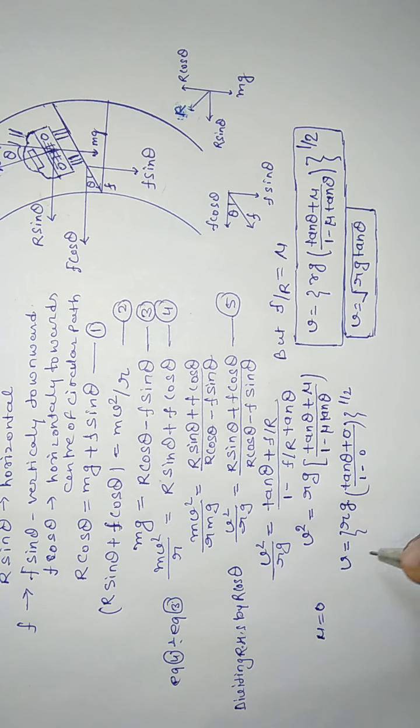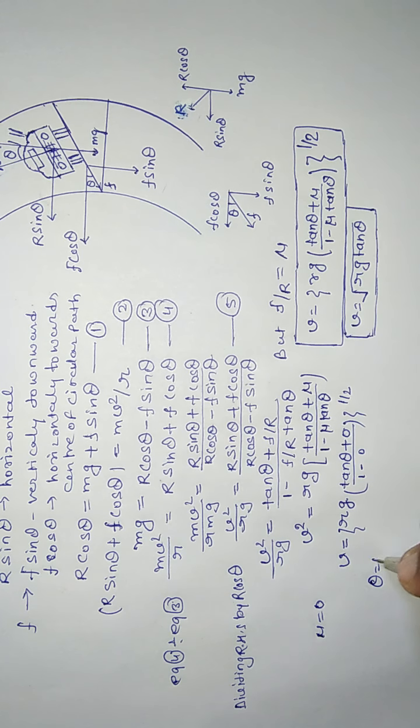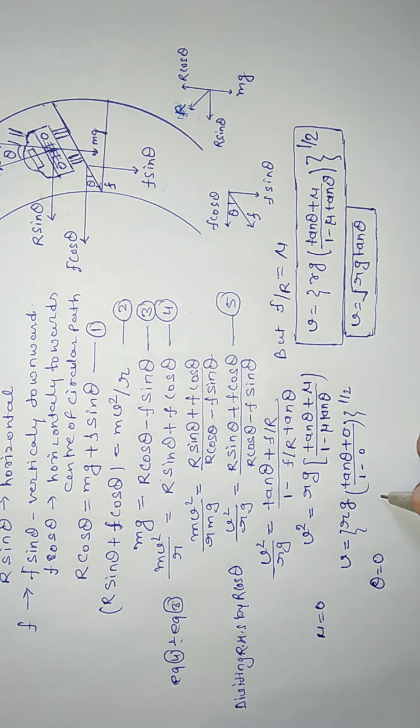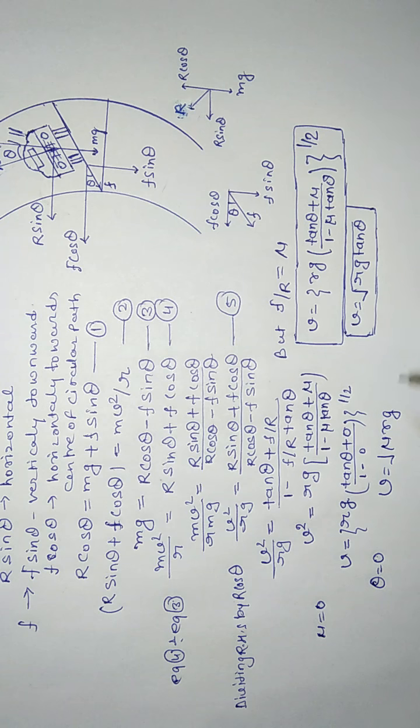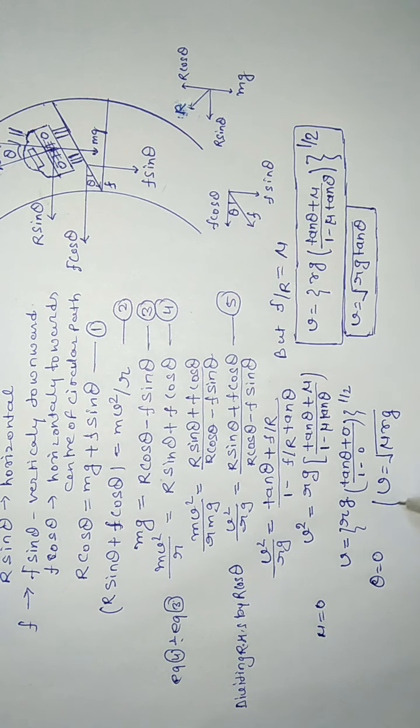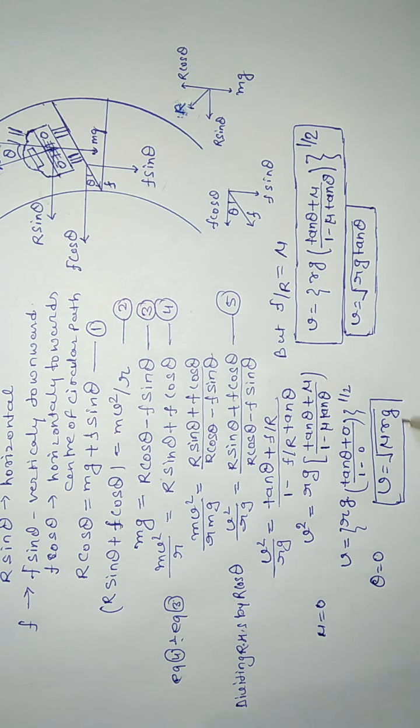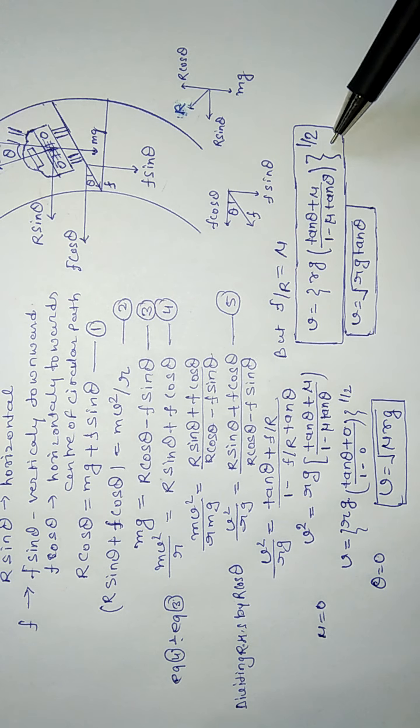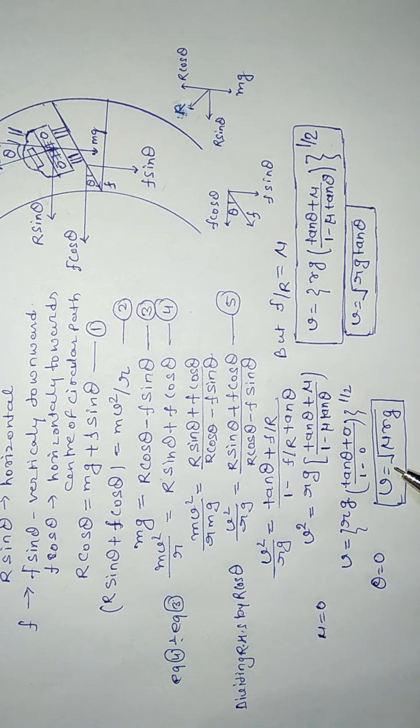In this situation we will take theta equal to 0, and this equation will reduce into v is equal to under root mu r g. So we must remember this formula, and we can modify this formula as per the situation. If we are considering friction only, then the formula will reduce like this, and if we consider only banking, then the formula will change like this.